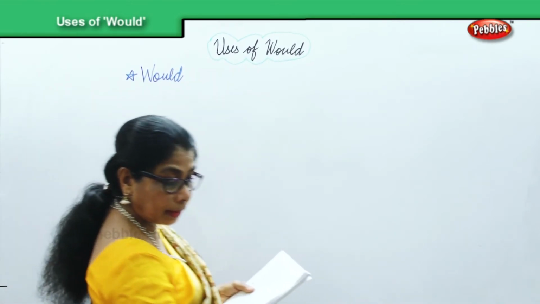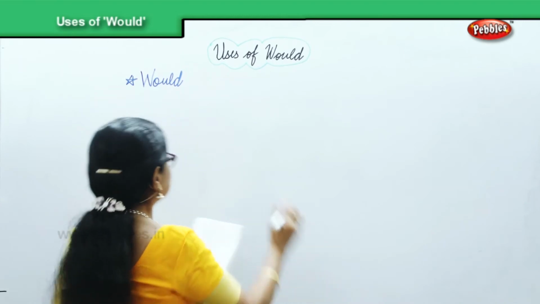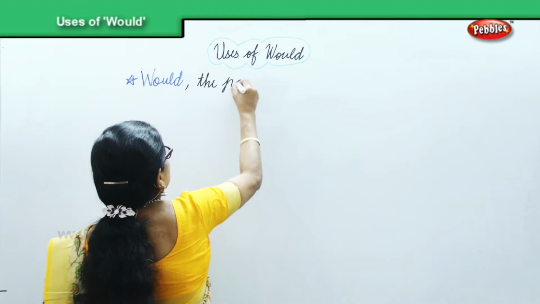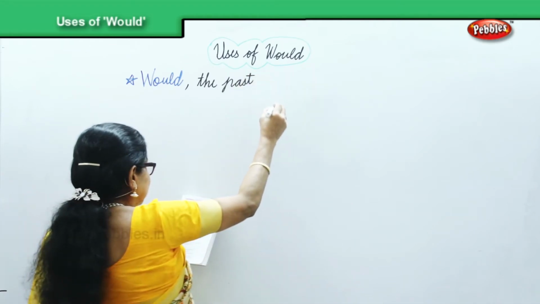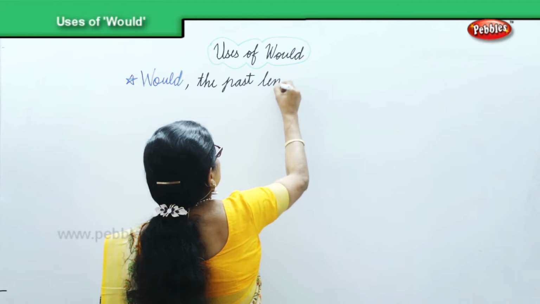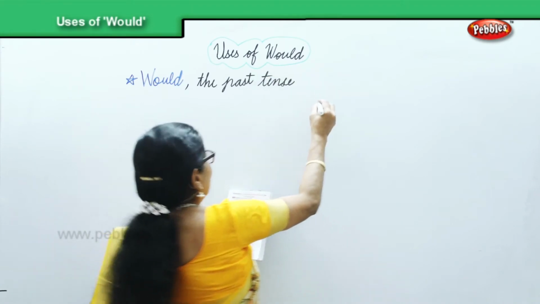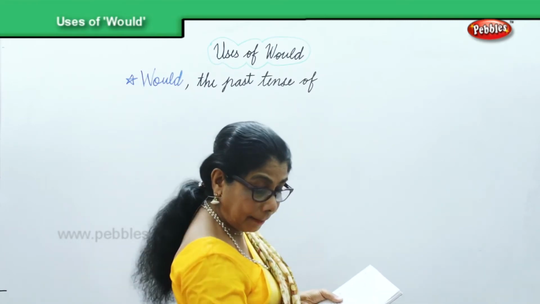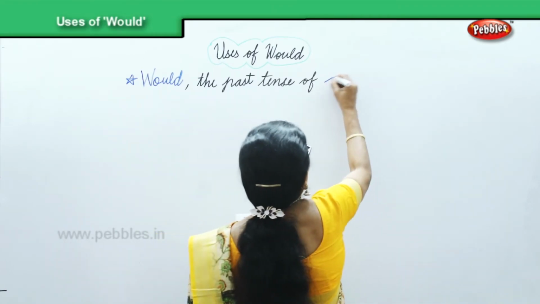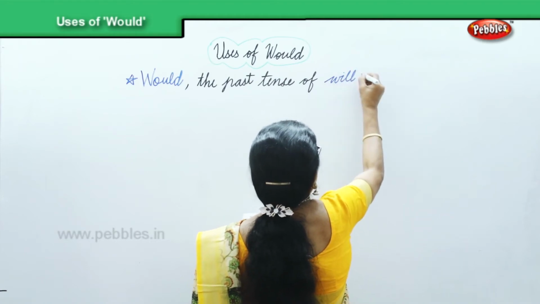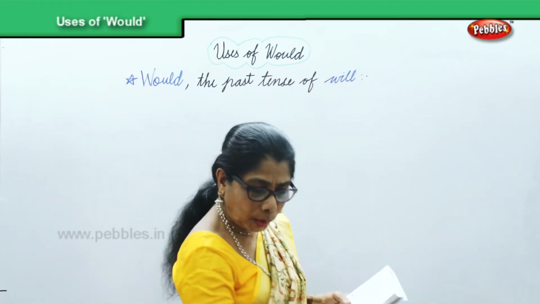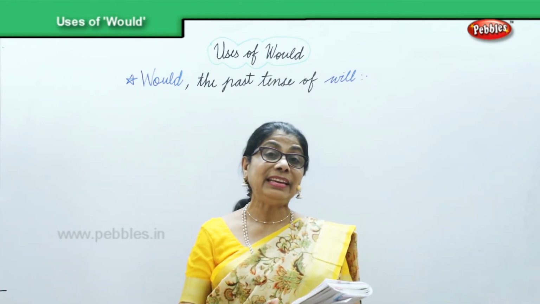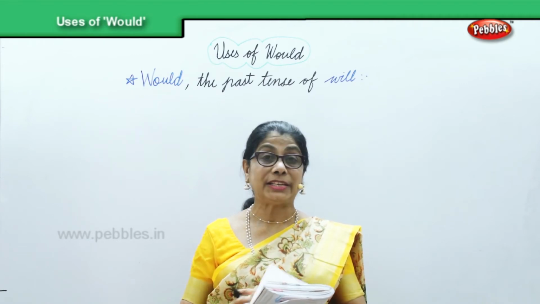Would is the past tense of will. Will, would. Let's look at this. We have 7 types of usage of would.